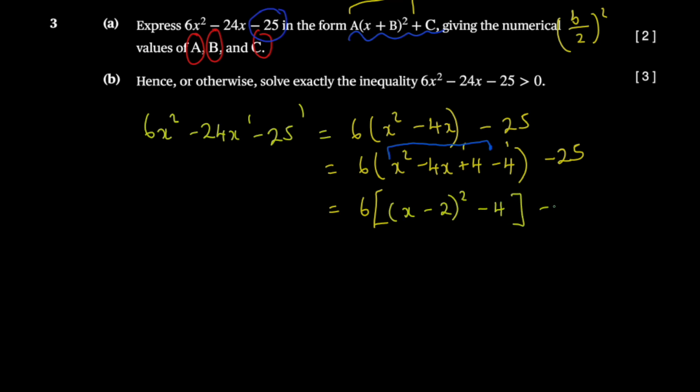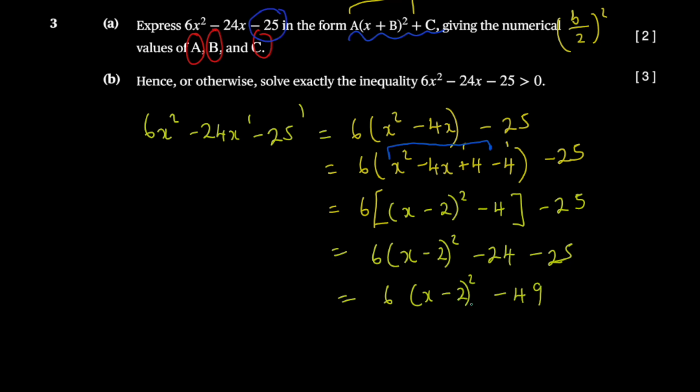That helps you realize that you're supposed to multiply this 6 by negative 4. So here you're having 6 times (x minus 2) squared, then minus 24, then minus 25. Then you have 6 times (x minus 2) squared minus 49.